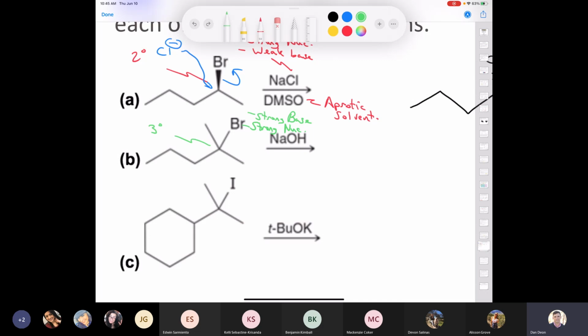If you look at that figure, remember, a tertiary is never going to undergo substitution under no circumstances, unless it's a solvolysis. If it's an SN1, sure, then it can undergo substitution. But we're not in a polar protic solvent. We're just having sodium hydroxide here. So now I look at the beta protons. I've got beta protons here, and I've got this type of beta proton here in red.